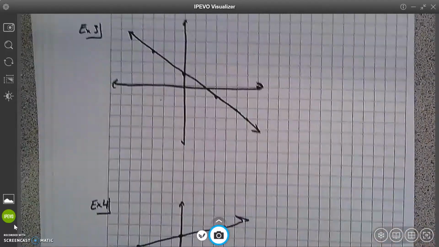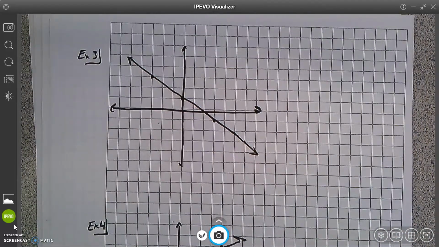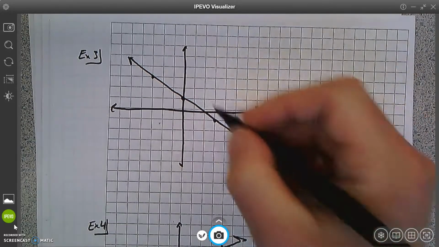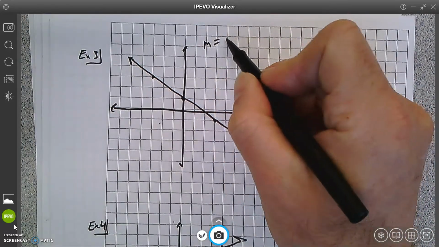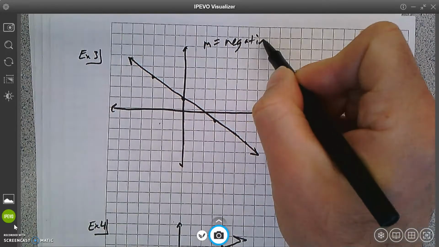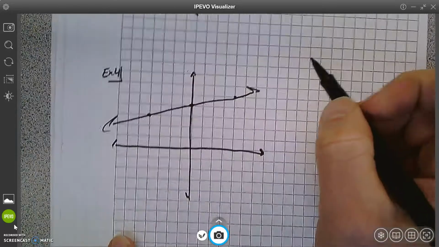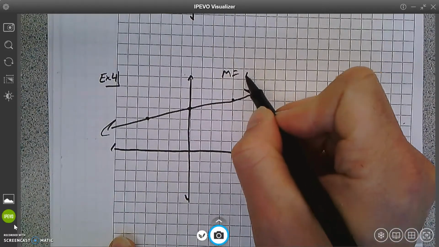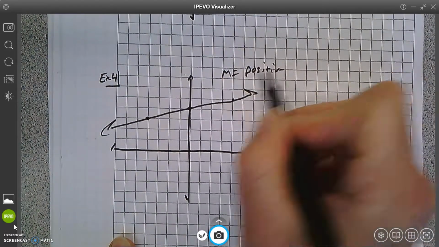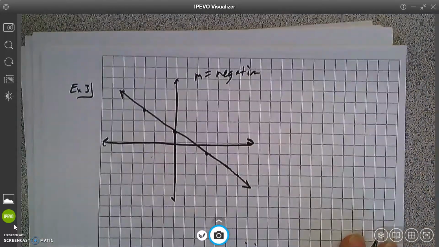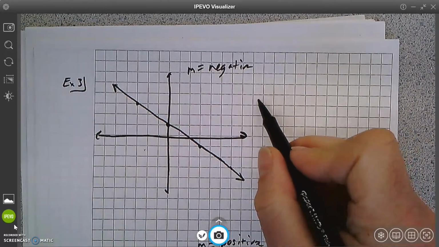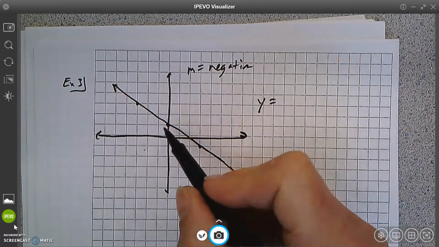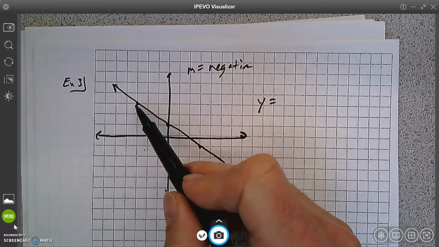All right, here we go. Example 3 right here. Copy this into your notes. Obviously the first thing I notice is that the slope is negative because it's going downhill. That's going to help me create my equation. So y equals. What's the pattern? Start anywhere you want.